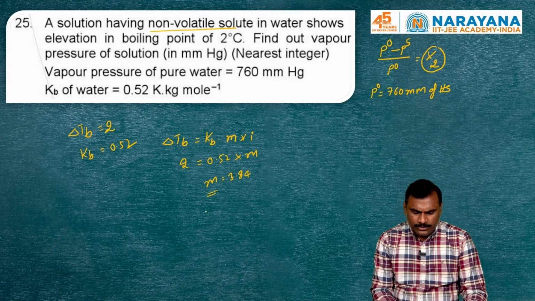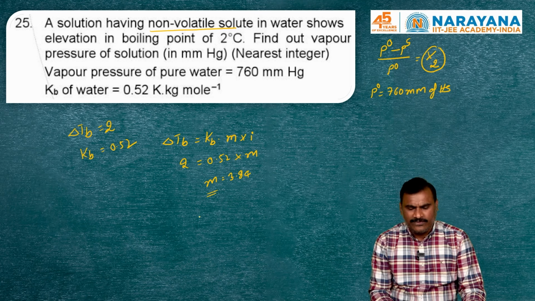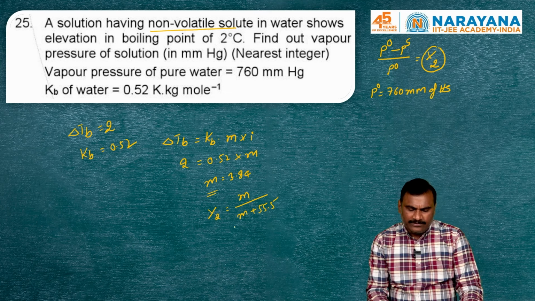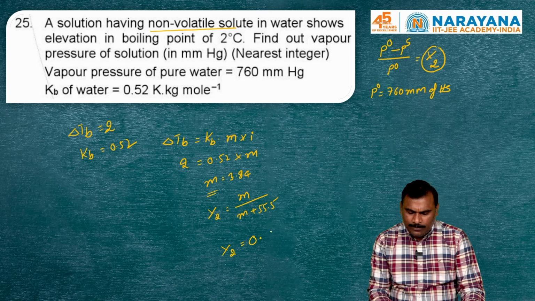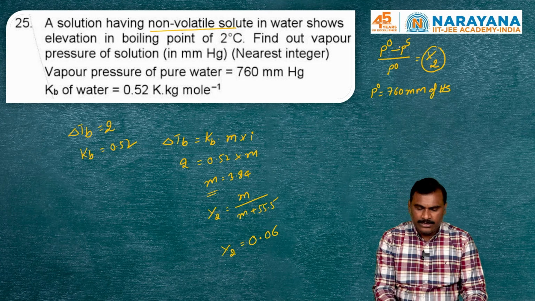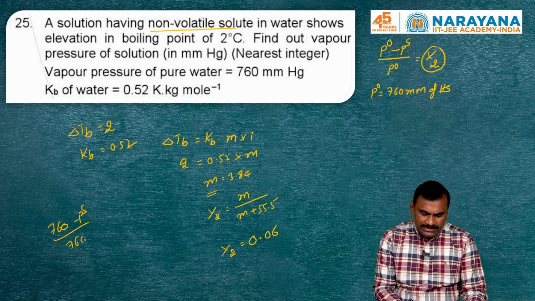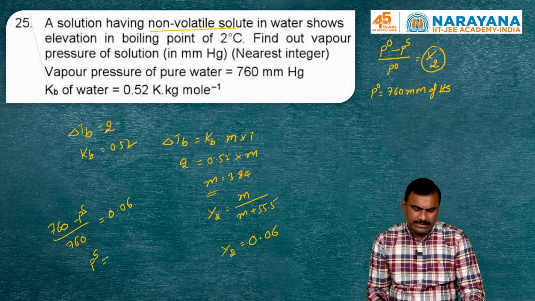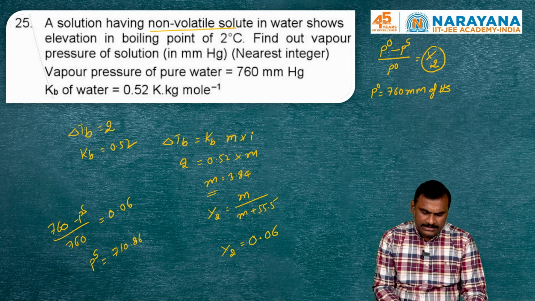After getting the m value, molality versus mole fraction: the mole fraction of the solute is equal to molality by molality plus 55.5. After substituting, I got the answer 0.06. P naught is given as 760, so 760 minus Ps by 760 is equal to 0.06. Then I can get the solution vapor pressure, roughly 710.86, which is nearly equal to 711.